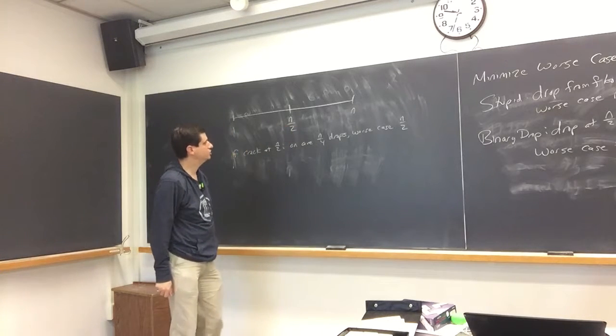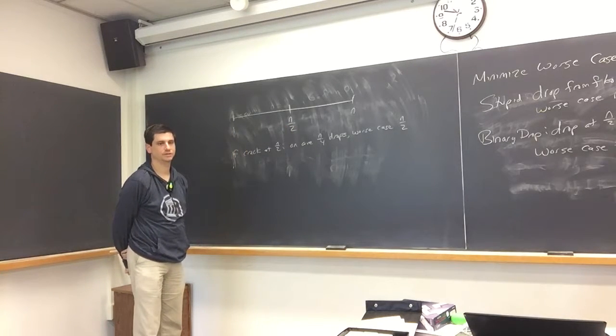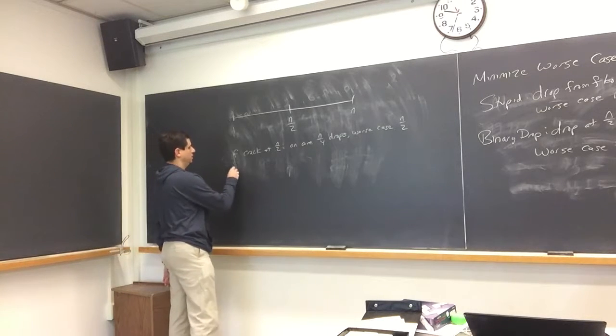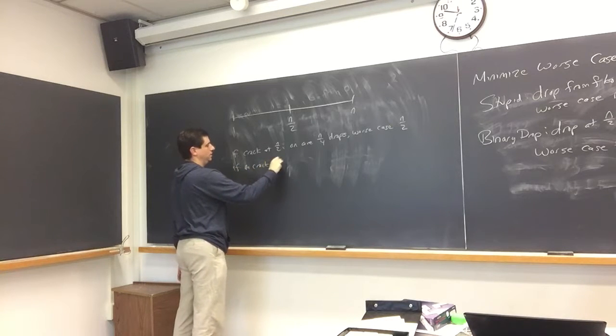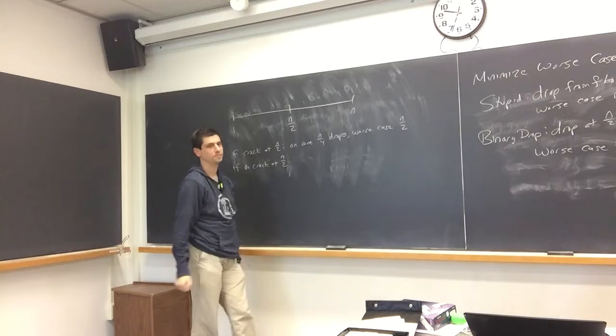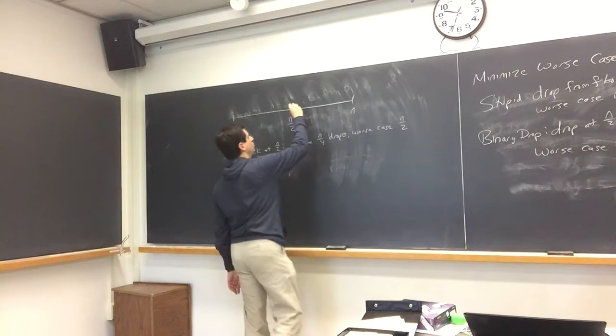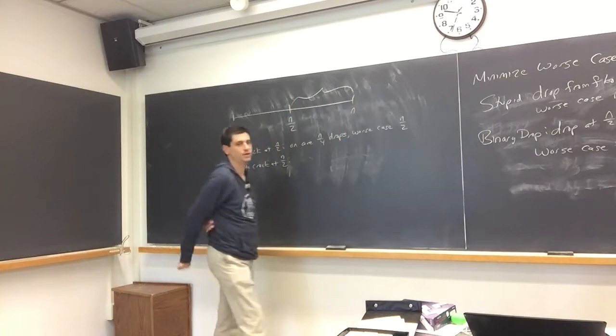And now, let's assume it doesn't crack. So if no crack at n over 2, now what we want to do is put in whatever the average value was.